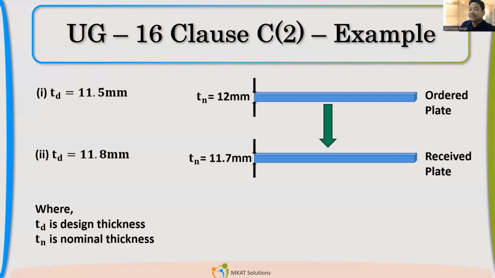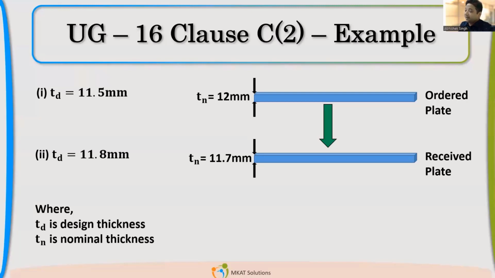But that is where this UG-16 clause comes into the picture. This clause was modified in 2019. In the 2017 version, the clause was written differently, so it was creating lots of confusion.